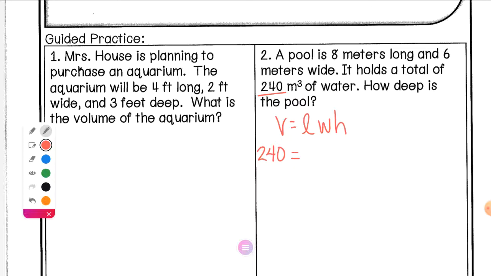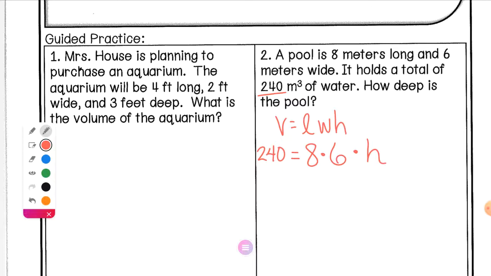What is my length? 8. What is my width? 6. Do I know my height? No, and it's calling it how deep the pool is. Do you agree that if I'm talking about the depth of a pool, that's the same thing as the height of something? Okay, so we're going to put times h because we do not know the height.